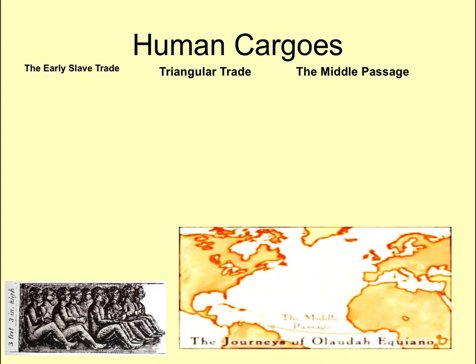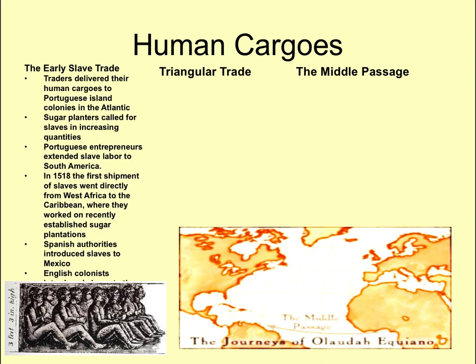All right, human cargoes, again, having to do with the Atlantic slave trade. In the early slave trade, traders delivered their human cargoes to Portuguese islands. So pick up your slaves, take them to your Portuguese island colonies in the Atlantic. Most of the time they worked on sugar plantations, which called for slaves in increasing quantities because, it's going to sound really bad, but they were dropping like flies.